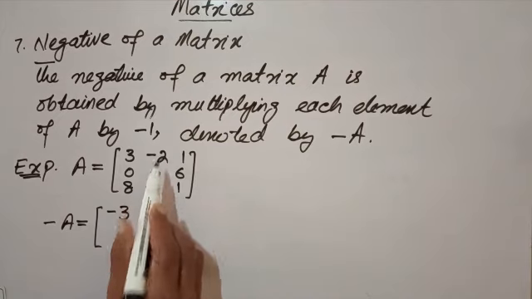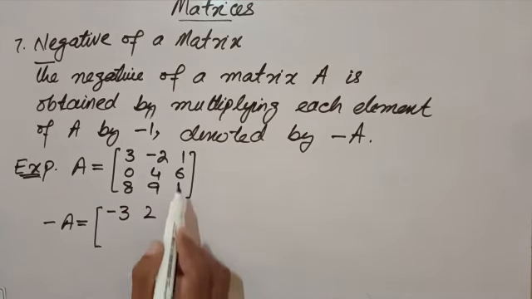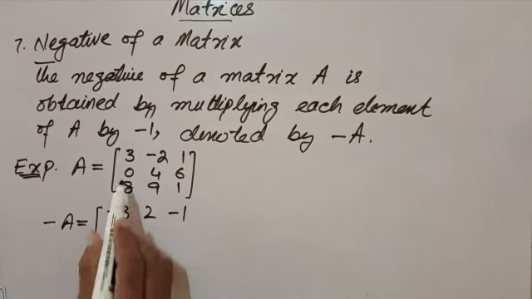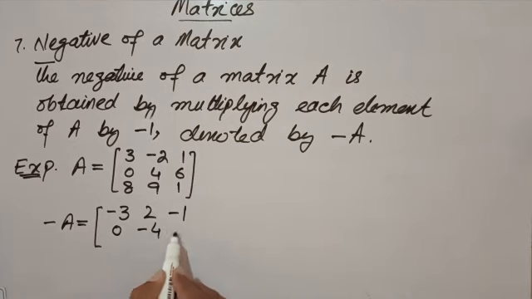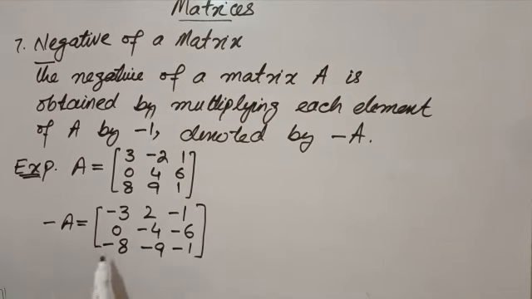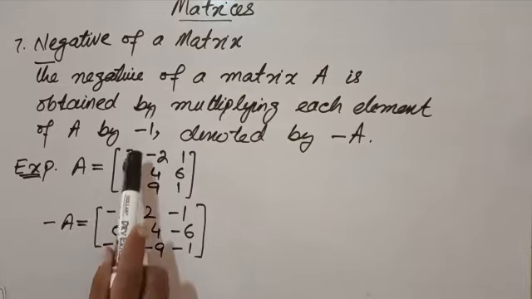Minus 2 into minus 1 becomes plus 2, and 1 into minus 1 is minus 1, 0 remains the same. This becomes minus 4, minus 6, minus 8, minus 9, and minus 1. This matrix is the negative of the matrix A, because we have multiplied each element of the matrix A by minus 1.